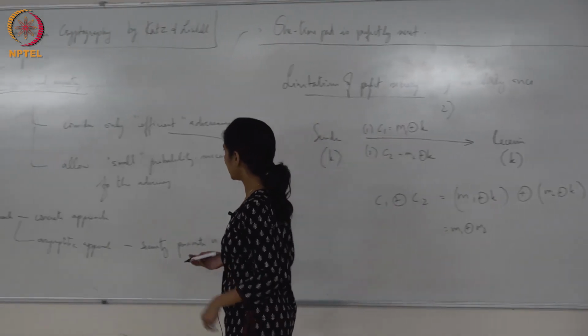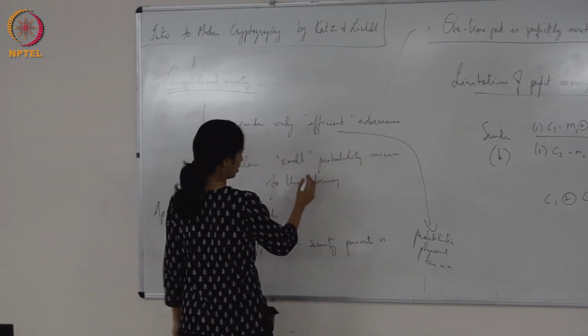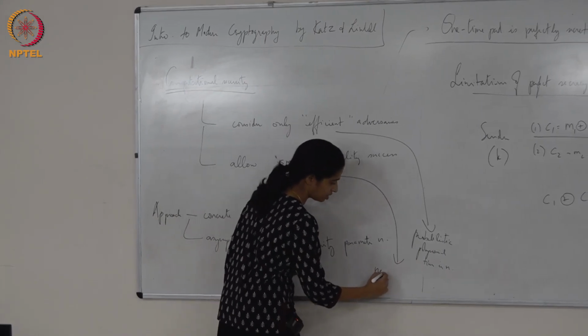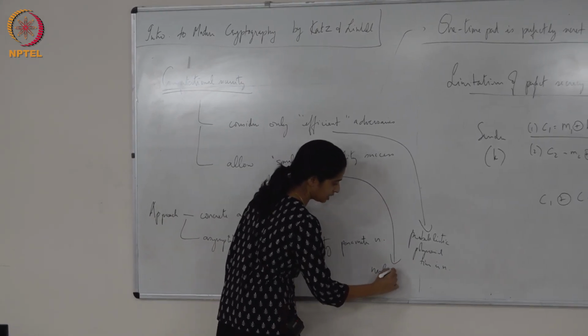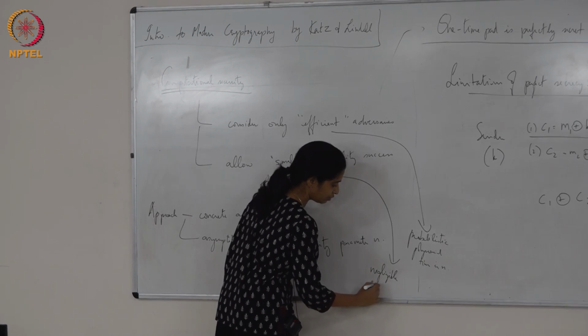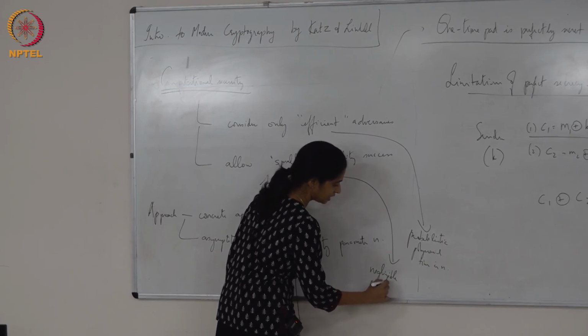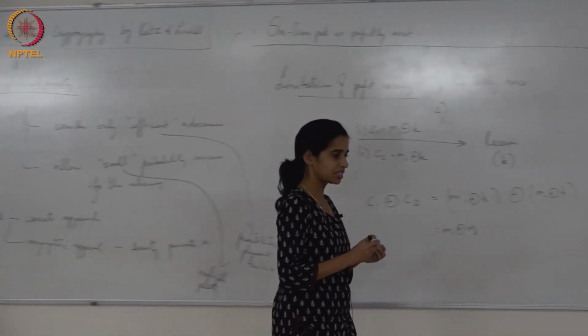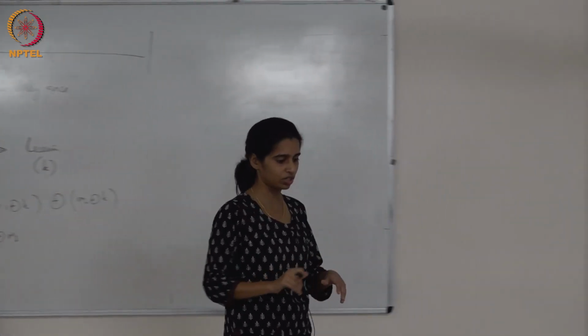And small would imply something called negligible probability. I will define it formally, but I encourage you to look at some examples to understand precisely what is negligible and what is not.